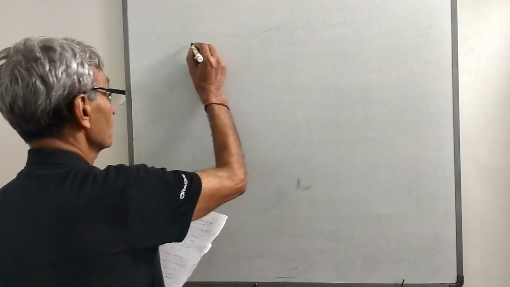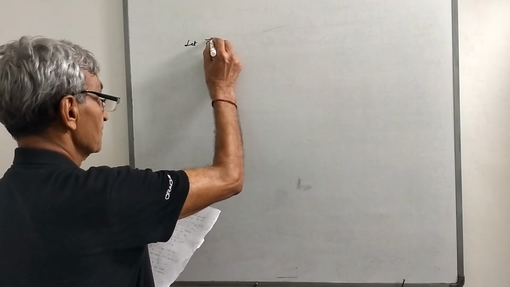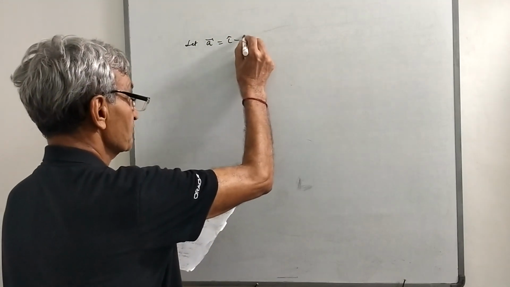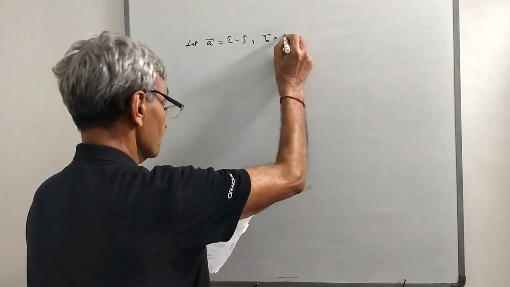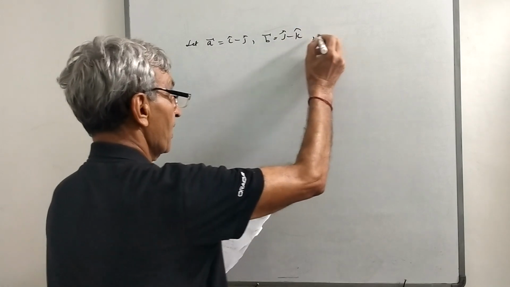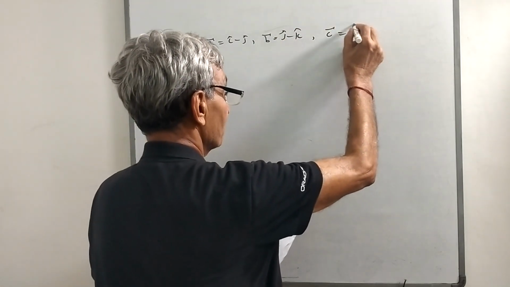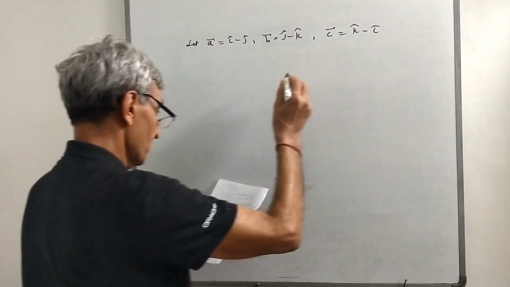The first question. Let A is equal to i minus j, B is equal to j minus k, and C is equal to k minus i. So symmetrical.